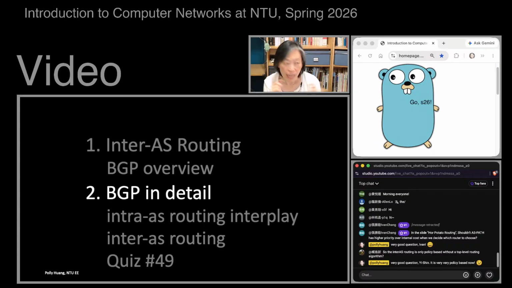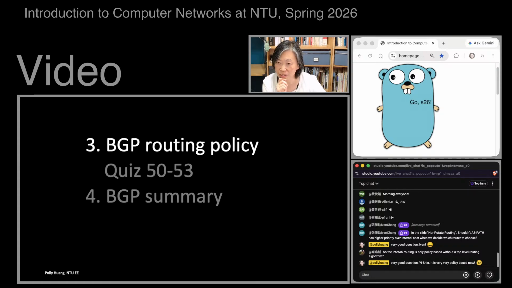All right. And we'll talk about the more complicated part of BGP, which is this policy. It's very general, but there are still some principles one can follow. And so this video here talks about the basic policies.